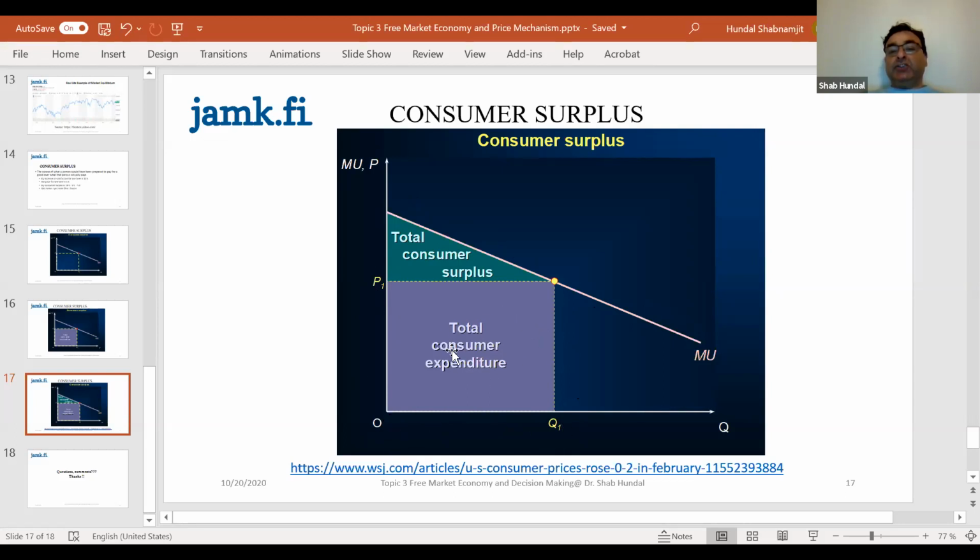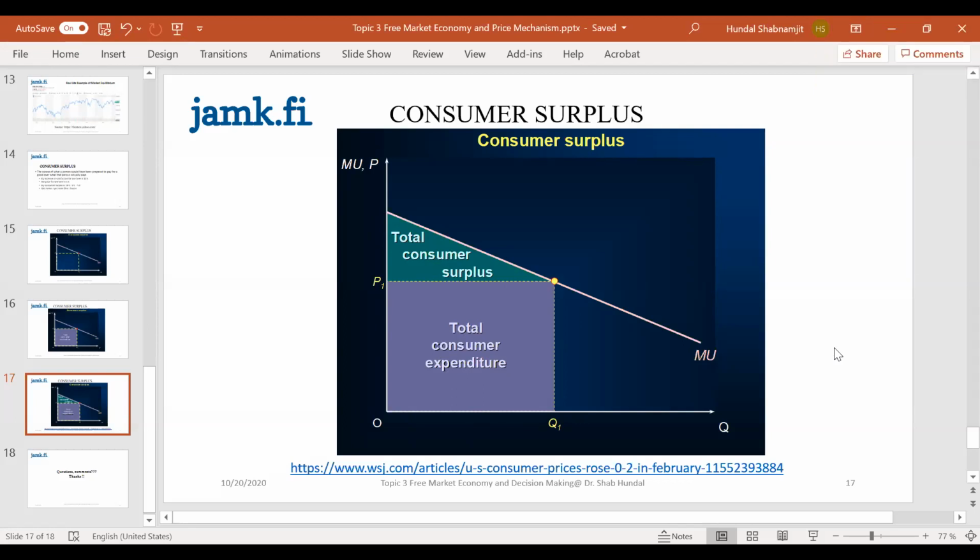So your total expenditure is 250, represented by this purple or blue rectangle, which is below the price or the expenditure you are prepared to make on shirts. And then this part, like the tip of the iceberg, this is your consumer surplus. Sounds okay?